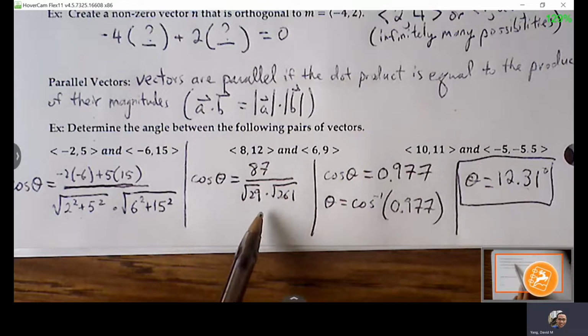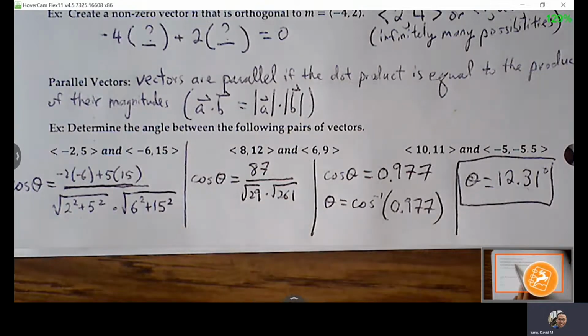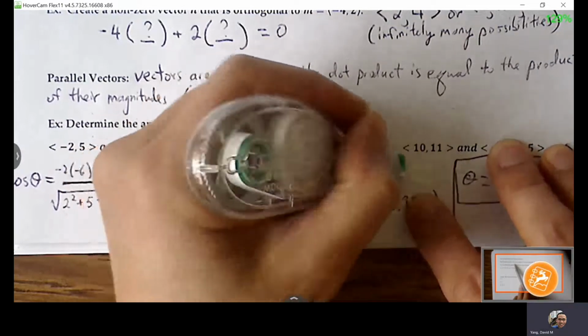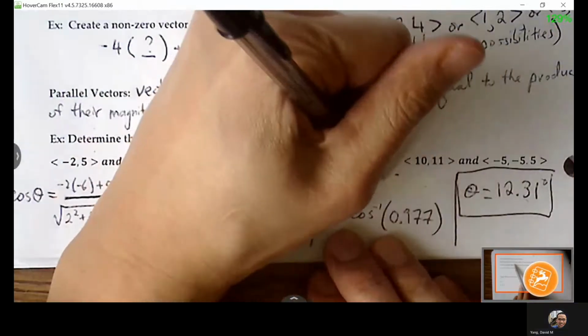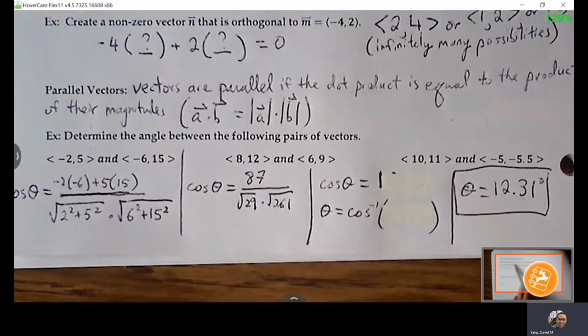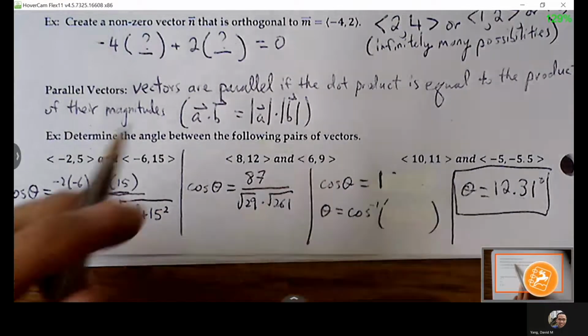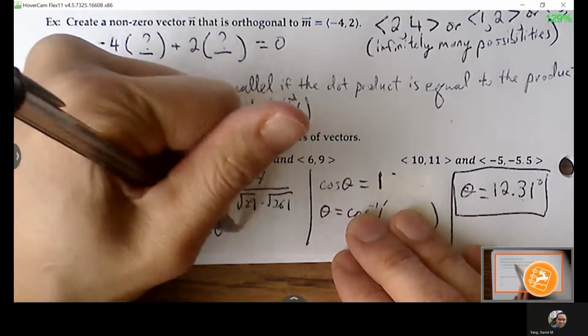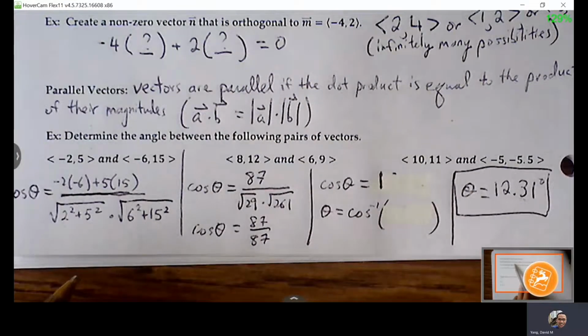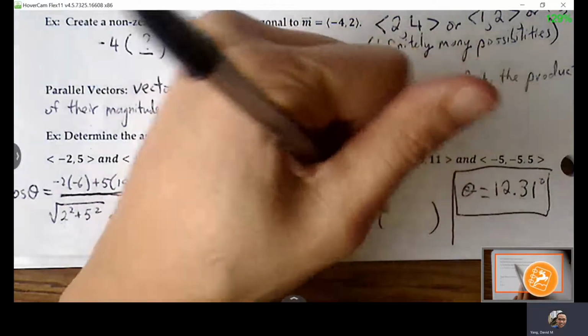Oh, did you guys get 87 over 87? Okay, sorry about that. Okay, did you guys get 0?